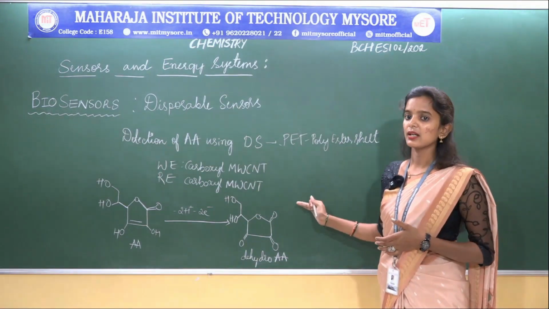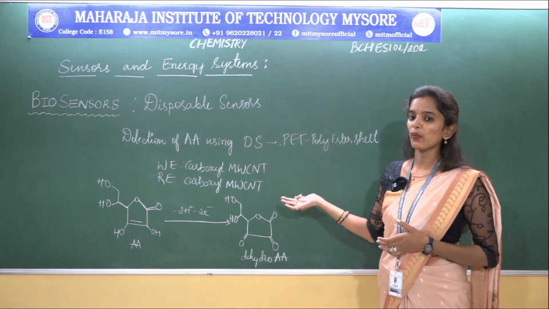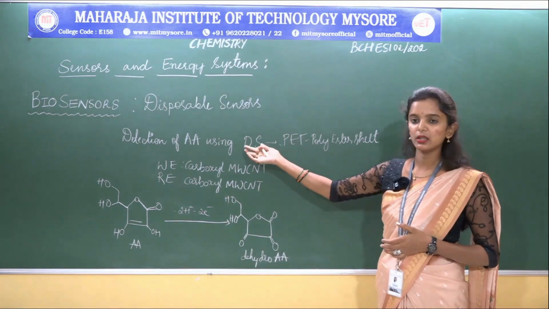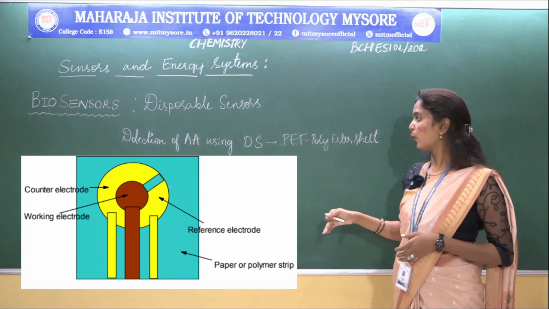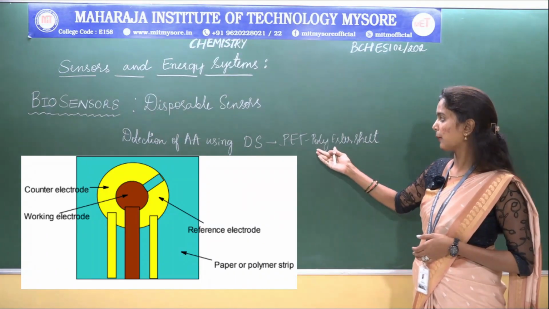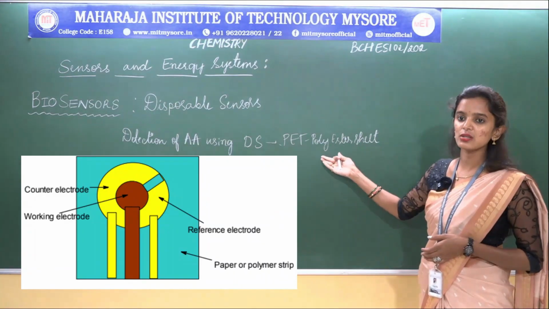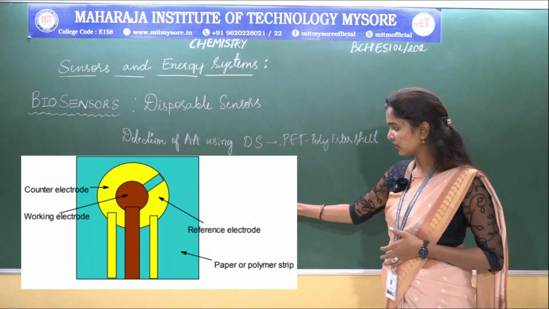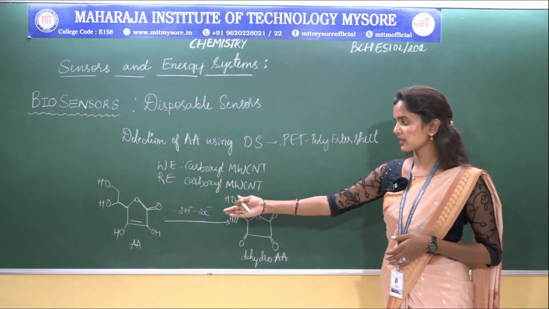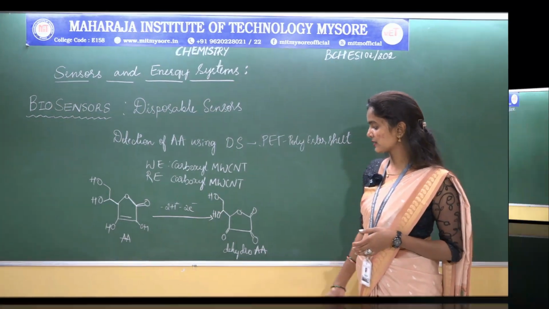So this tells us about the working of the electrochemical sensor in the detection of ascorbic acid using a disposable sensor, where a polyester sheet is printed using screen printing technology. And the reactions are as follows, where ascorbic acid is getting converted into dehydroascorbic acid.